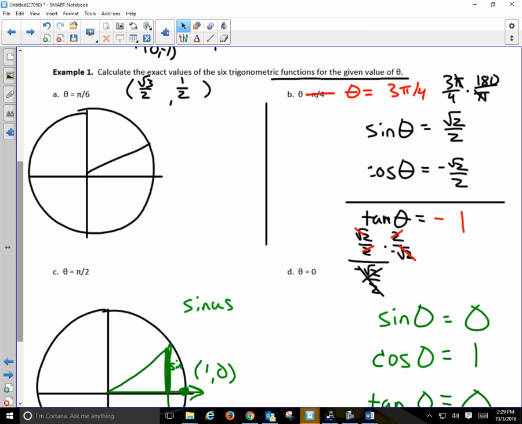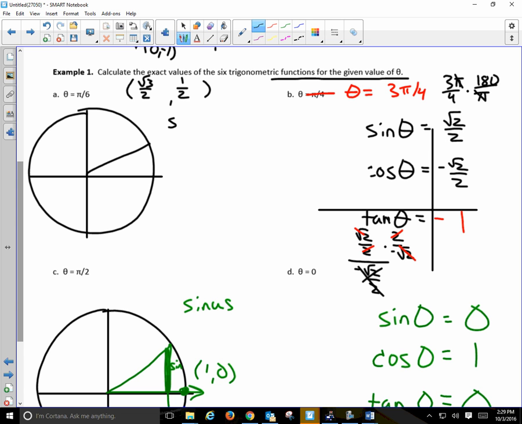So you don't have to write anything different now until we come up with something different. But just to be clear, then sine of theta would be 1/2. Did we get that? Cosine of theta would be square root of 3 over 2. Did we get that? Then tangent of theta would be equal to the y value divided by the x value. Did we do that backwards? My bad, sorry.